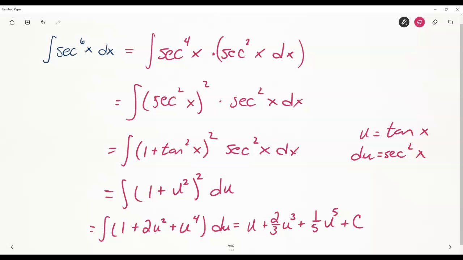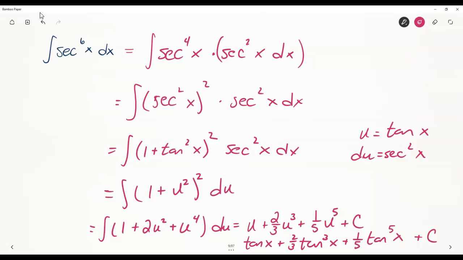So your answer is actually tangent of x plus 2/3 tangent cubed of x plus 1/5 tangent to the 5th of x plus c. Yes, I know I sort of crammed it down here at the bottom, but I was running out of room.